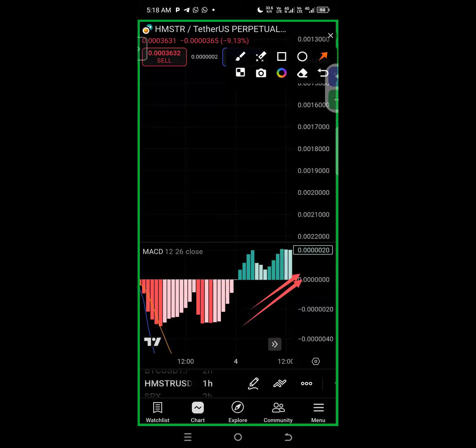So when the histogram is above the zero line, it's indicated as bullish, and when it's below the zero line, it's indicated as bearish. You could always see there is a difference here, right? Anytime there is a change, you could see that either it goes above the zero line or below the zero line.